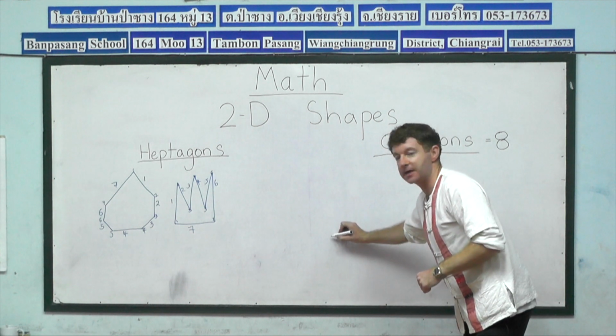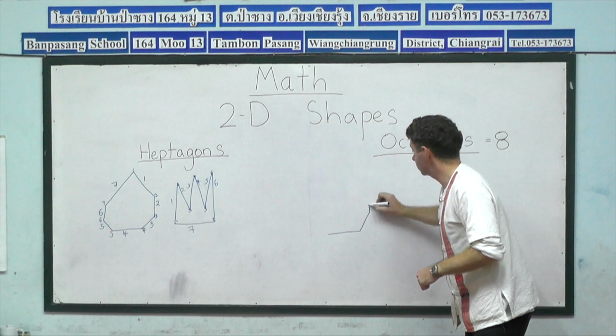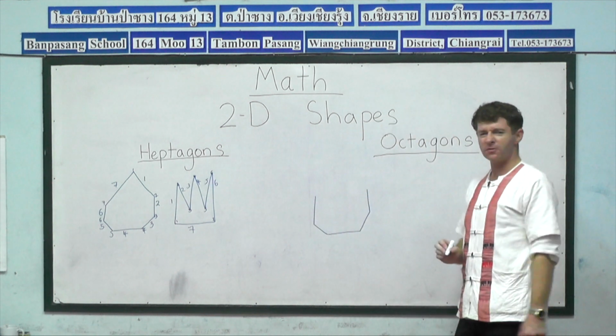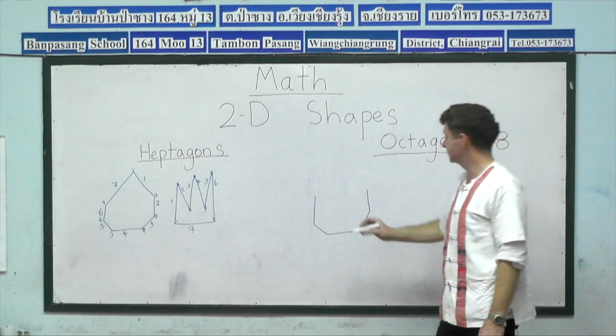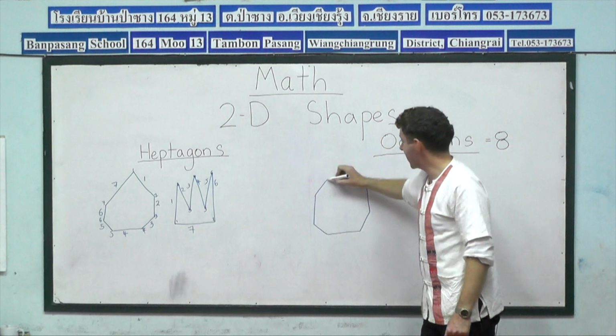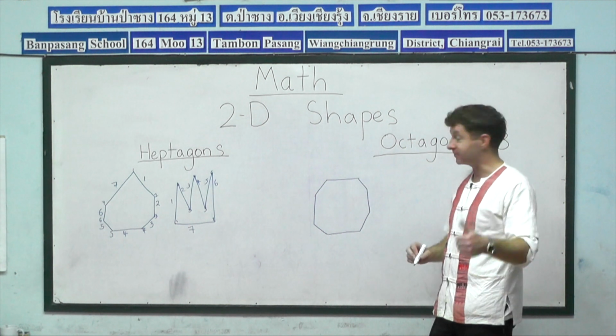Count the sides for me, guys. 1, 2, 3, 4, 5. Octagon yet? No. No. 8. Octagon yet? Yes. Excellent.